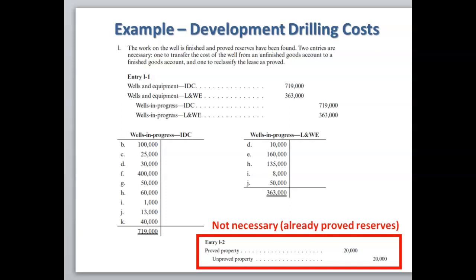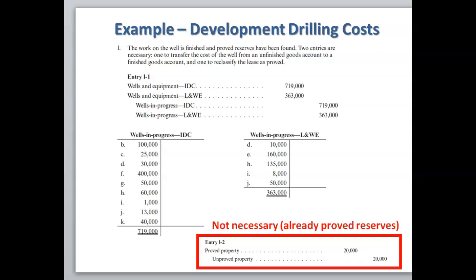So we're going to skip to L. The work on the well is finished and proved reserves have been found. 2 entries are necessary, one to transfer the cost of the well from an unfinished goods account to a finished goods account, and one to reclassify the lease as proved.